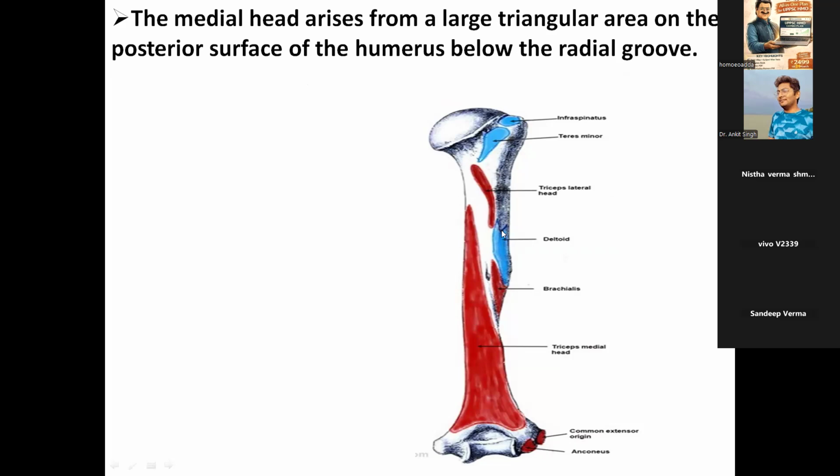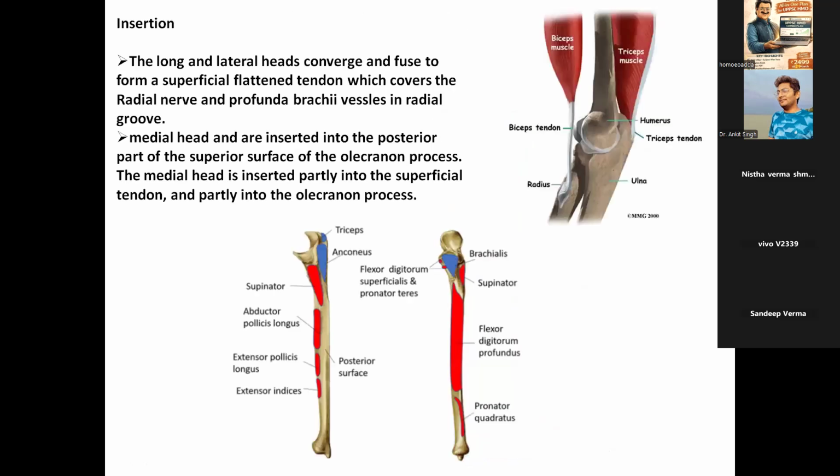Lateral head, that is the upper portion of the posterior surface. This is the medial head, that is from the larger triangular area on the posterior surface. So यहाँ से देख ही सकते हैं, ये जो है that is where the medial head arises. Over here the lateral head arises. So that is the triceps brachii.